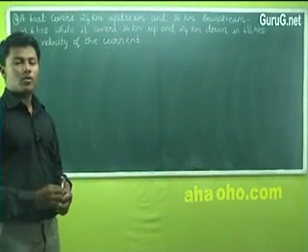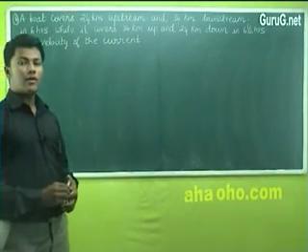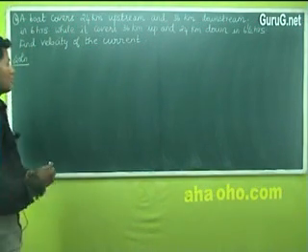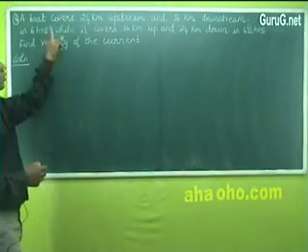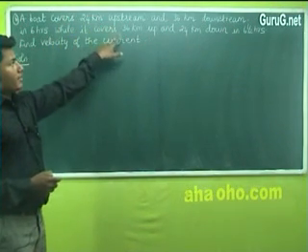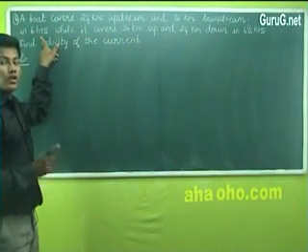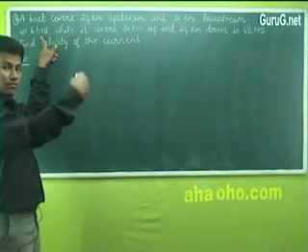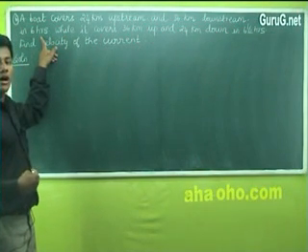You know the formula for rate of the stream. Rate of the stream is equal to half into downstream speed minus upstream speed. So first let us write the known values. A boat covers 24 km upstream and 36 km downstream in 6 hours. The total time to cover 24 km up the stream and 36 km down the stream is 6 hours.